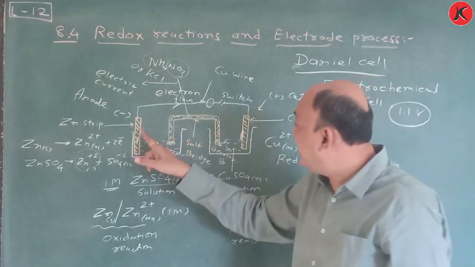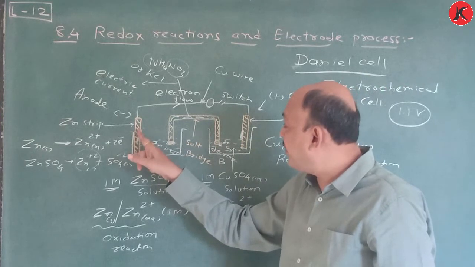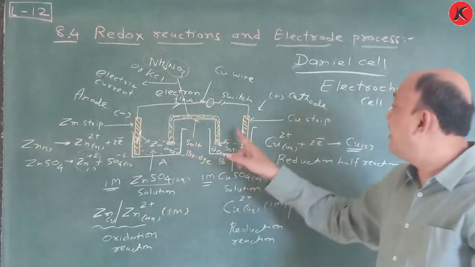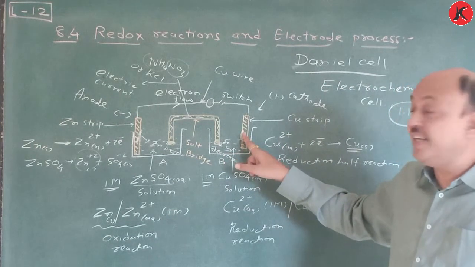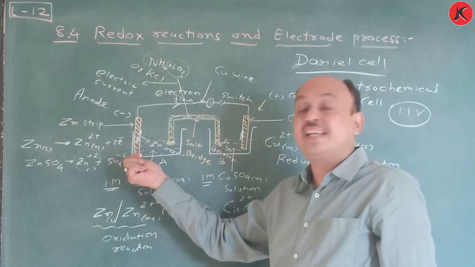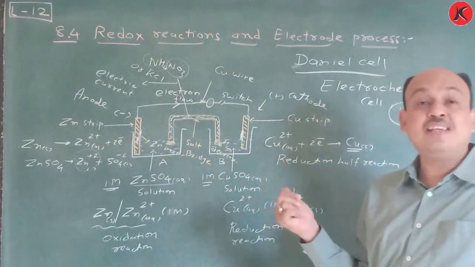So here Zn quantity decreases, and here copper quantity increases. So if we weigh, then Zn strip weight is less and copper strip weight is more.